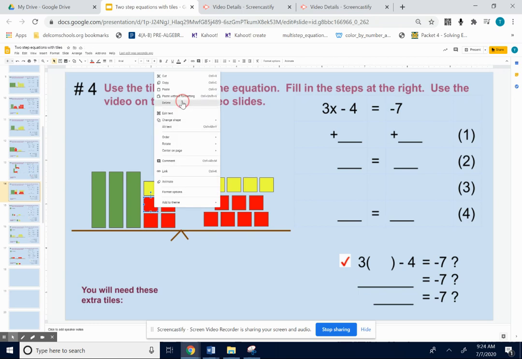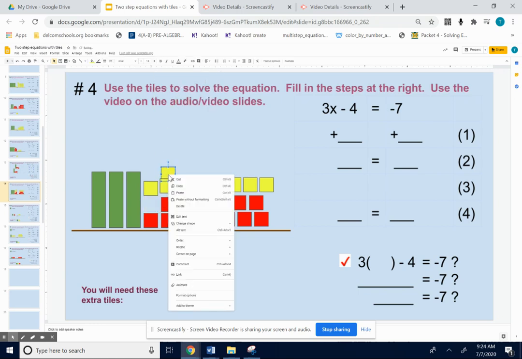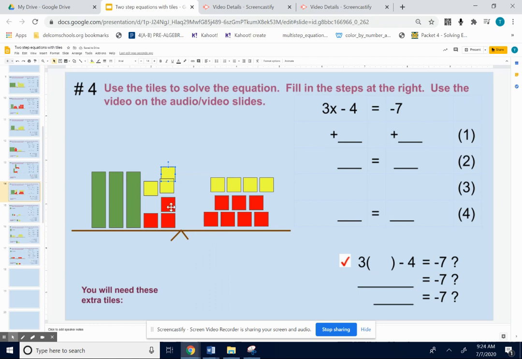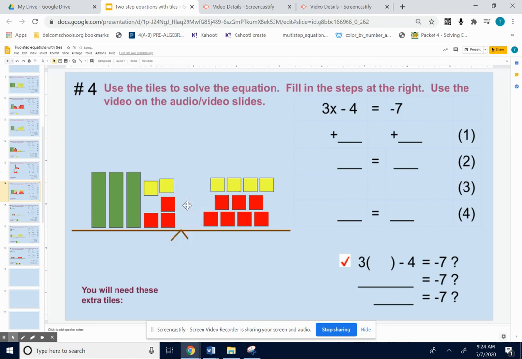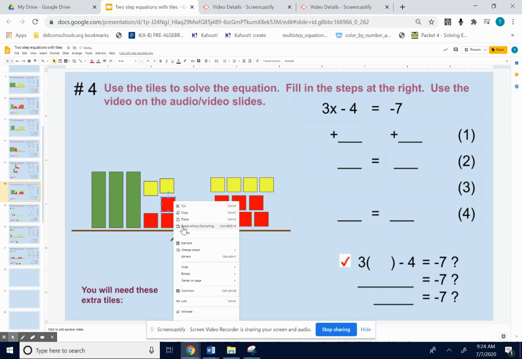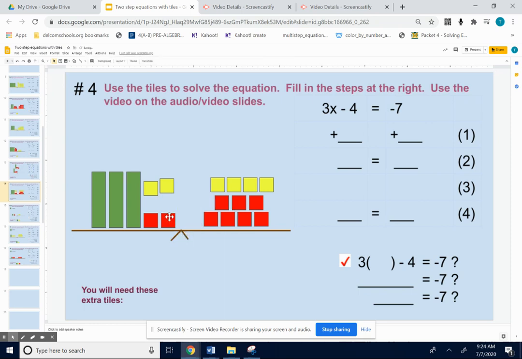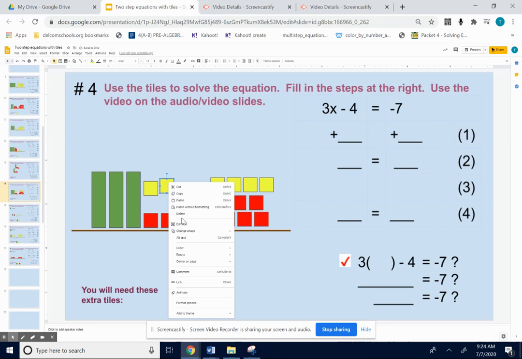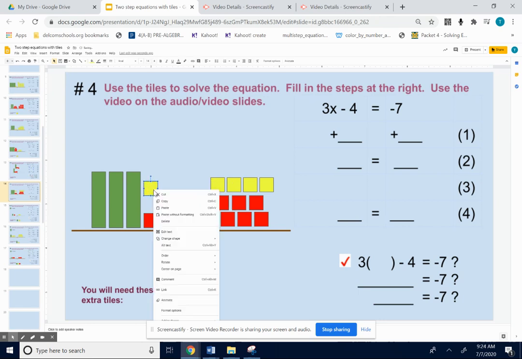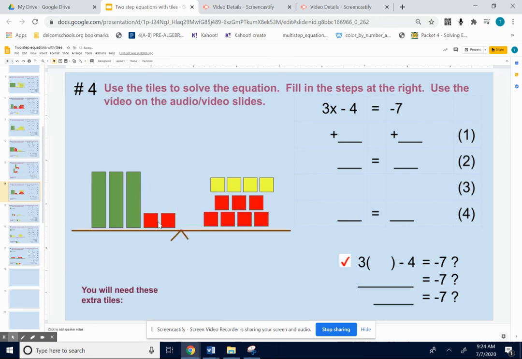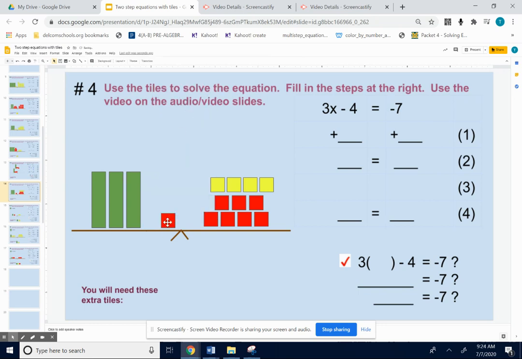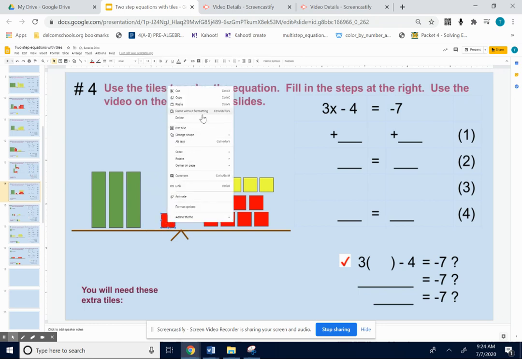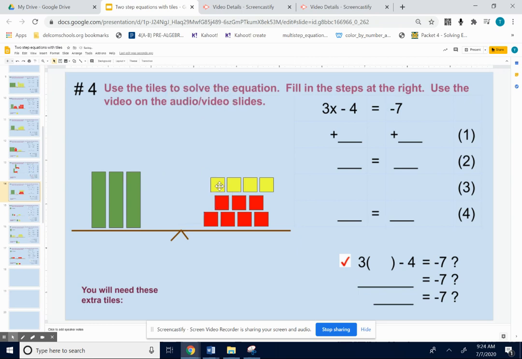Okay, I'm going to go ahead and delete all my 4 yellow positives on the left and my 4 reds on the left. And actually, if you wanted to just drag these off of your scale, that may be a little faster. I know this is a little bit tedious.